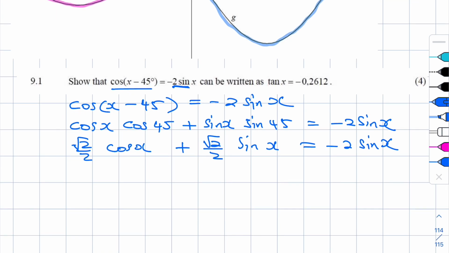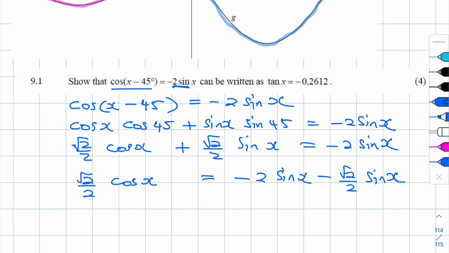So what I'm going to do, I'm going to transpose the square root of 2 over 2 sin x. So I have square root of 2 over 2 cos x is equal to negative 2 sin x minus square root of 2 over 2 sin x.